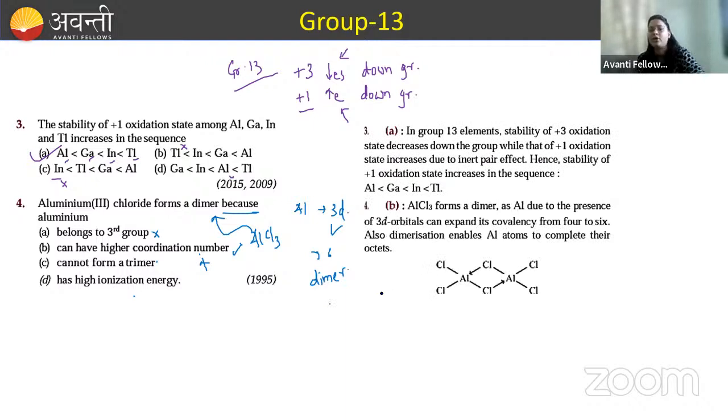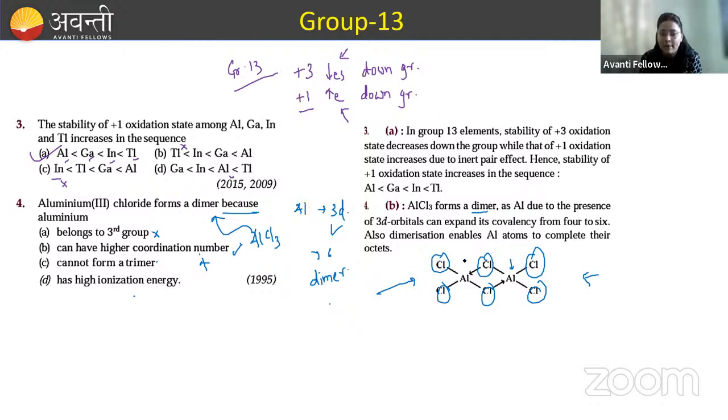ठीक है, तो यहाँ पे देखो मैंने आप लोगों को एक्सप्लेनेशन दिया हुआ है. Here you can see that this is our molecule AlCl3, which is present in the form of a dimer. Here you can see aluminium is attached to how many chlorine atoms? In order to complete its octet, it can attach with a different number of chlorine atoms, 4 to 6 chlorine atoms.